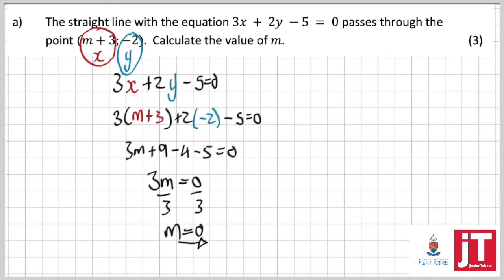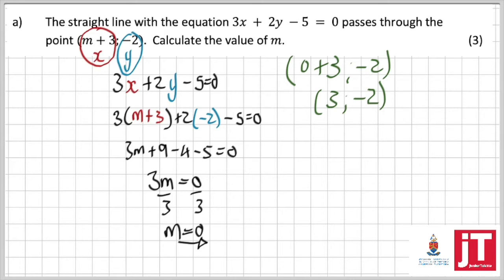Ta-da! Now, I just want you to think about what's happening here. I'm telling you m is 0, so the coordinate is 0 plus 3, negative 2. So in other words, it's actually (3, negative 2).